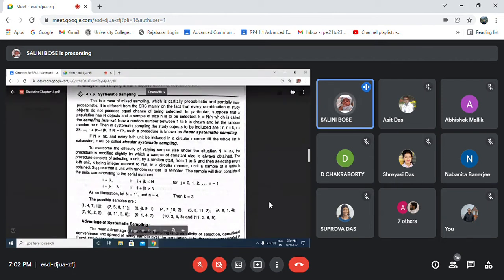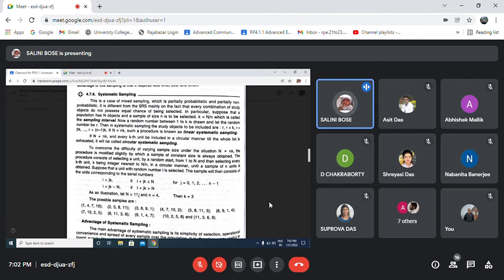So if the k value is like this, then your sample will be taken in cyclic order. How? Suppose the population values are 1 to 11, and from this population you have to take a sample of size 4.